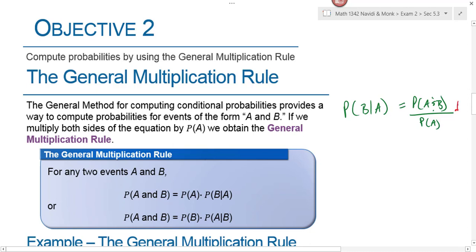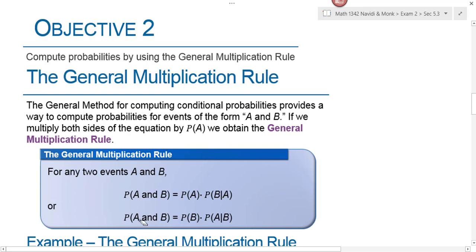If I were to multiply this side of the equation by the probability of A, multiply this side of the equation by the probability of A, these terms would cancel out and I would have the probability of A and B equals the probability of A times the conditional probability. That's how this formula was created from the conditional probability rule. You don't need to know how to do this. I just wanted to explain to you where that formula came from. This is how this conditional probability came into being.